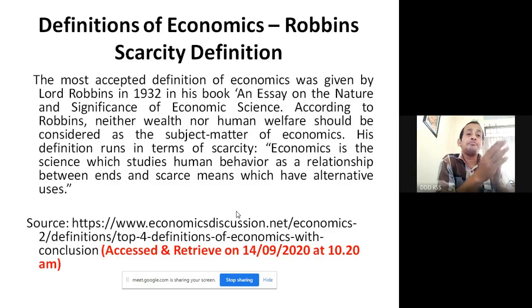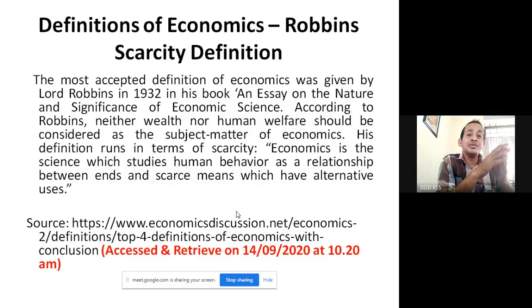Adam Smith said that economics is the science of wealth. Then Alfred Marshall says economics refers to human welfare. Then Robbins gave a scarcity-focused definition, which says that economics is the science which studies human behavior as a relationship between ends and scarce means, which have alternative uses.